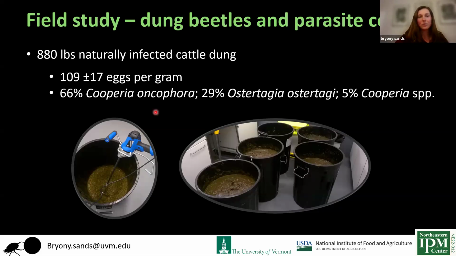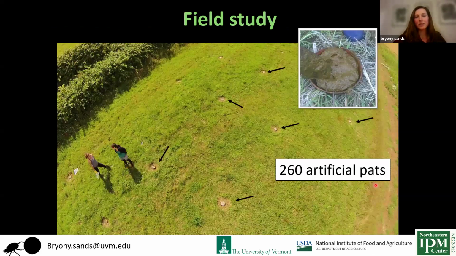These are the ones that we went through earlier, Cooperia and Ostertagia, the main gastrointestinal worms. We mixed it all up with a cement mixer. Then we did a field study where we laid out all of these artificial dung patties on a pasture using this manure that we know has parasite eggs in.